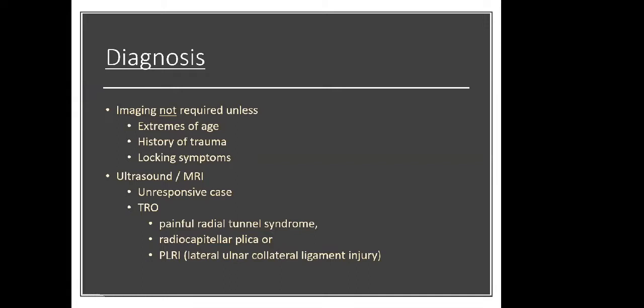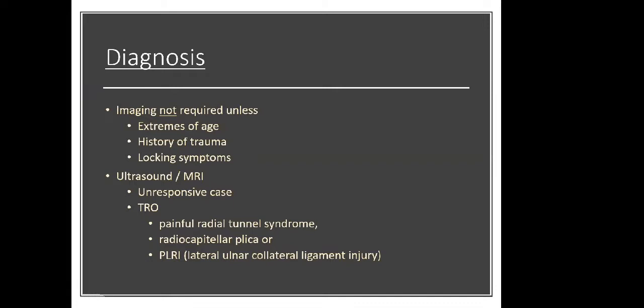So the diagnosis is by clinical examination. Imaging is not required unless we suspect other diagnoses. Imaging can also be done in extremes of age, history of trauma, and if the patient has blocking symptoms.